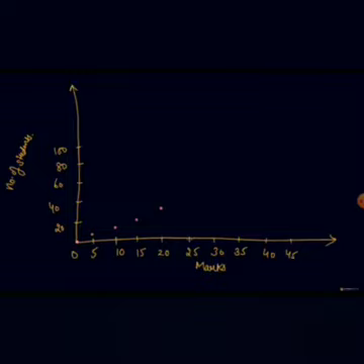Less than 25, 55, so somewhere here. Then less than 30, 77.